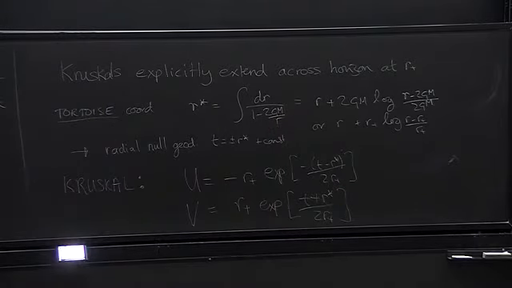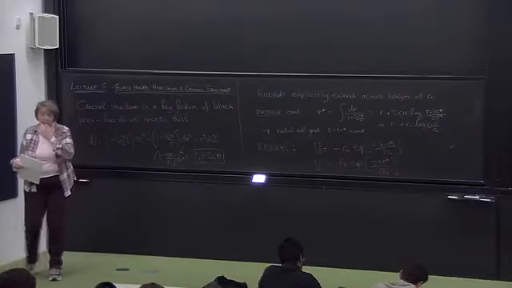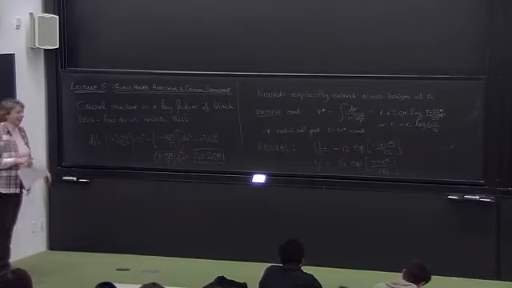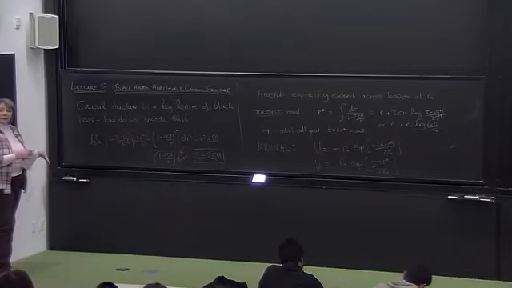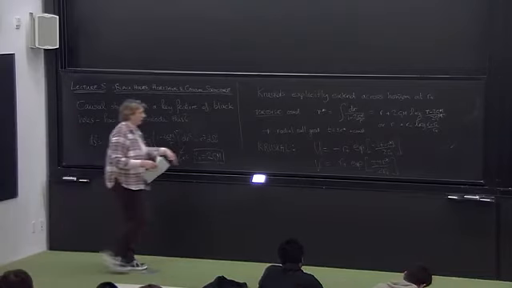They use t plus or minus r star, those are the null directions, and then because we've still got this 1 minus 2GM on r sitting in front of dt squared minus dr star squared, that gives a logarithmic singularity of the coordinates. So we exponentiate to go beyond that.